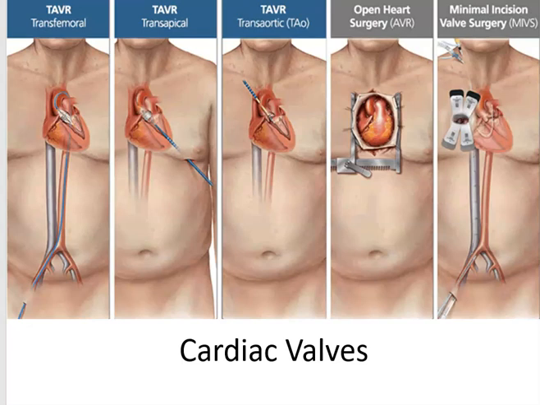Usually on the team, you're going to see that there's a cardiac surgeon, cardiologist, an anesthesiologist. And what the new valve does is push the diseased valve to the side and then allows them to put in that new artificial valve.